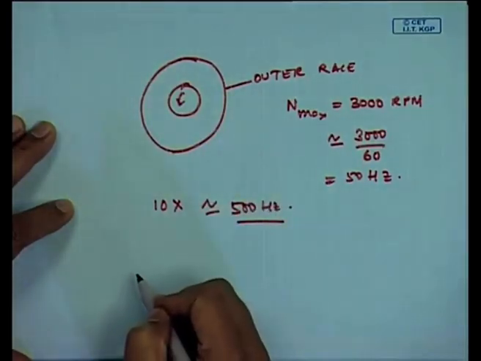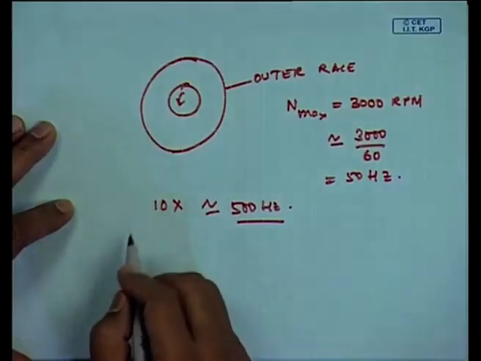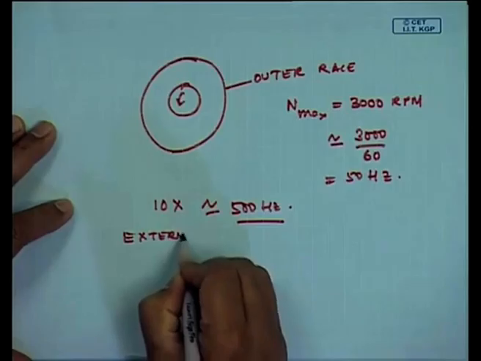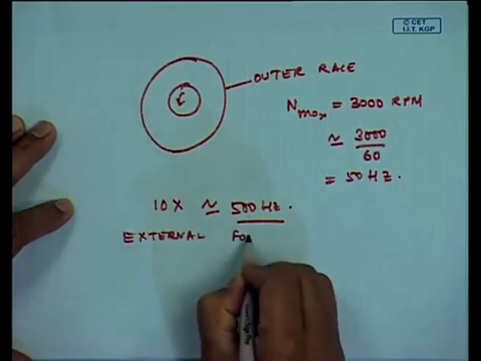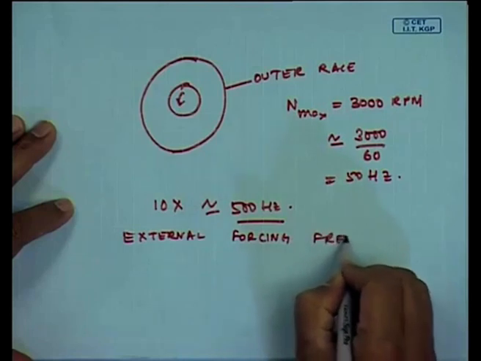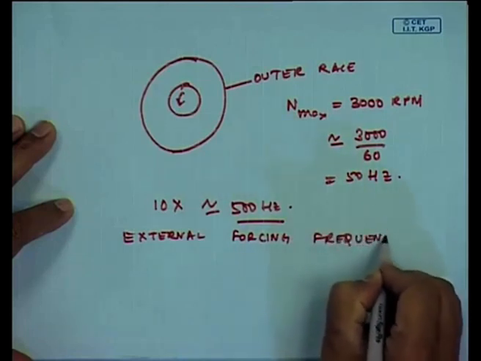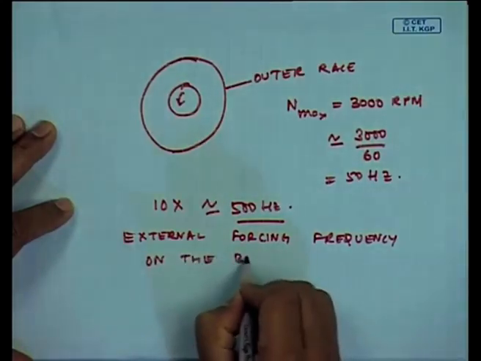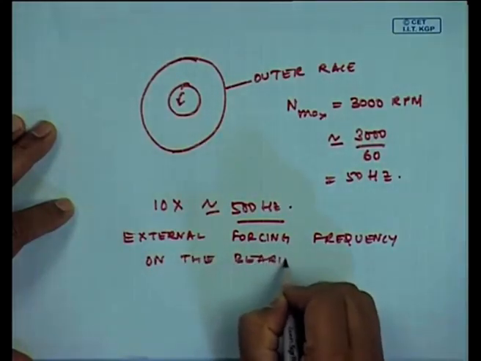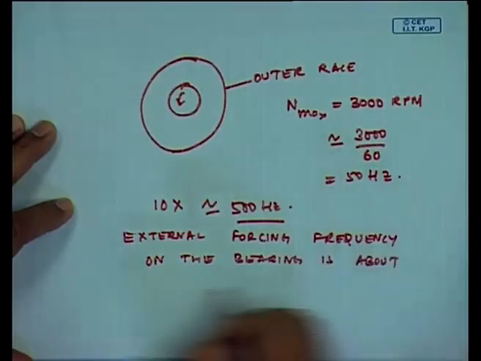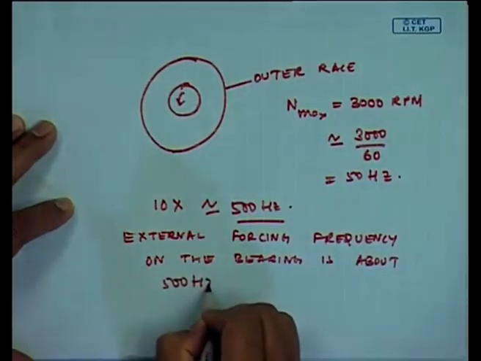So, the external forcing frequency on the bearing is about 500 hertz.